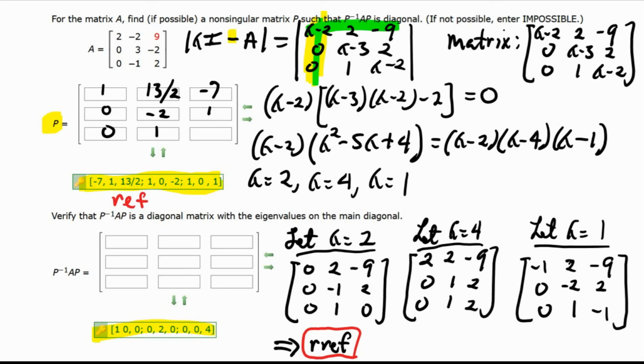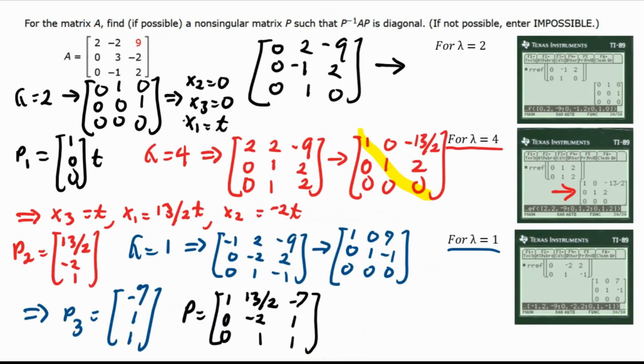It's going to mark it right. Right. And now when you do the P inverse times A times P, let me show you the shortcut of doing that. You can do it the way I did it. So here P inverse times A times P.